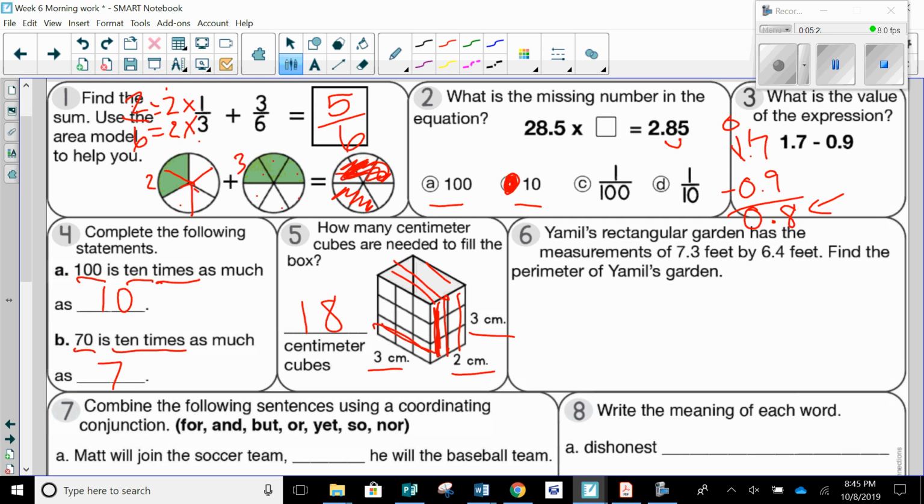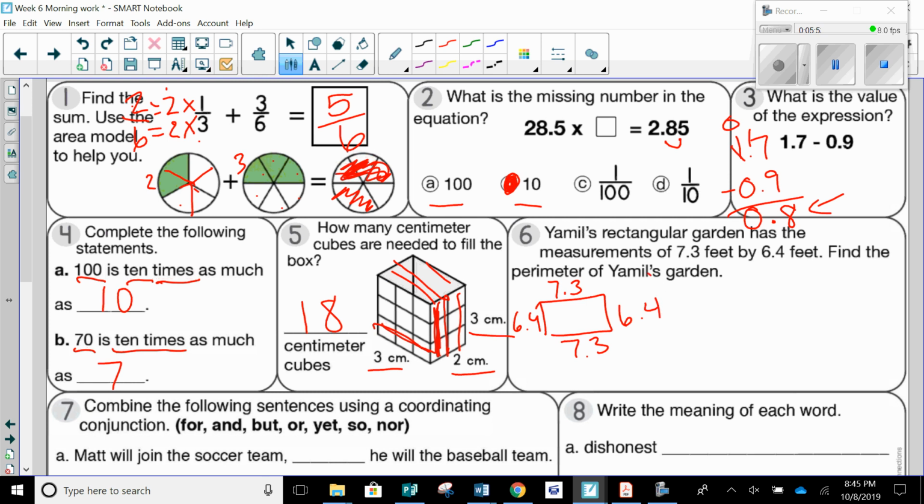All right, number 6 says your mall's rectangular garden has the measurements of 7.3 feet by 6.4 feet. Find the perimeter of your mall's garden. Perimeter means I add all of my sides together. If one of them is 6.4 and the other one is 7.3, that means that's here and that's here.